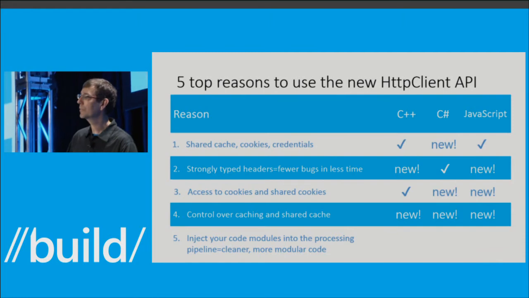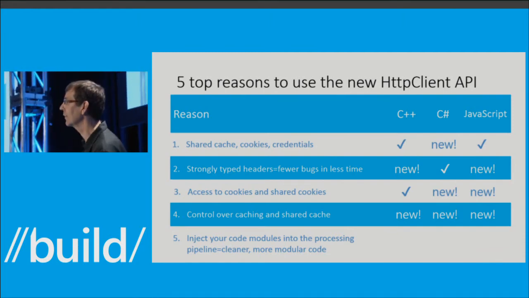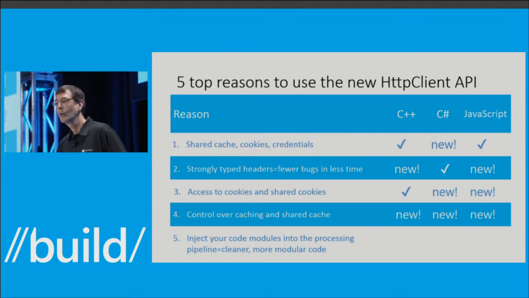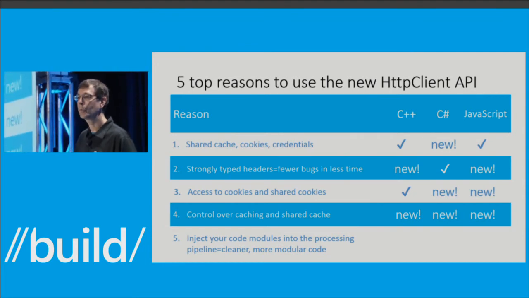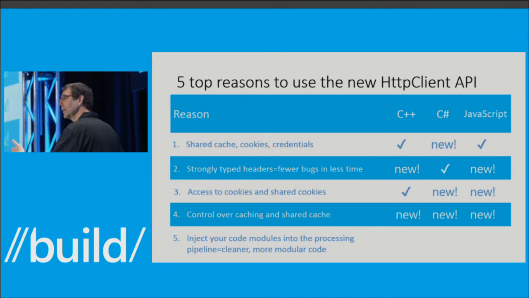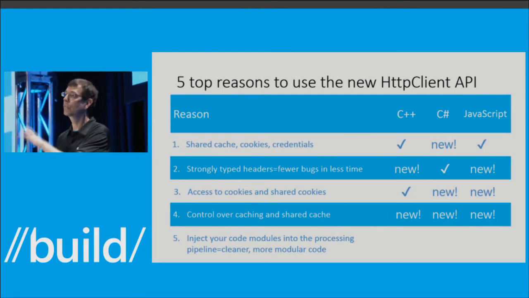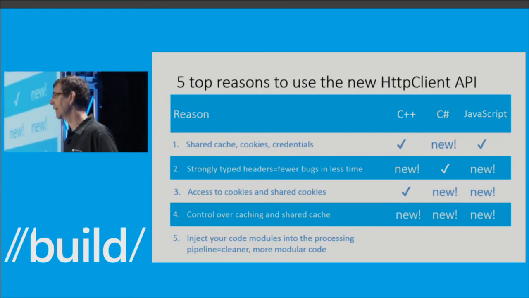Now, I've talked to a bunch of you in the audience, and one of the things I hear a lot is a lot of you are also doing server-side. And you may be wondering, what is it that we've got for server-side for you? One of the things I want to emphasize is the same filter model that we have for client-side is what's in Web API, using the System.Net.Http client, those are the handlers over on that particular set of classes.